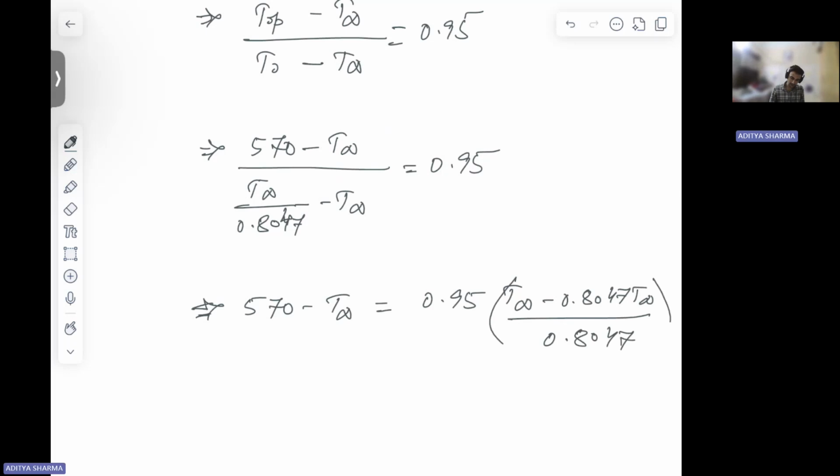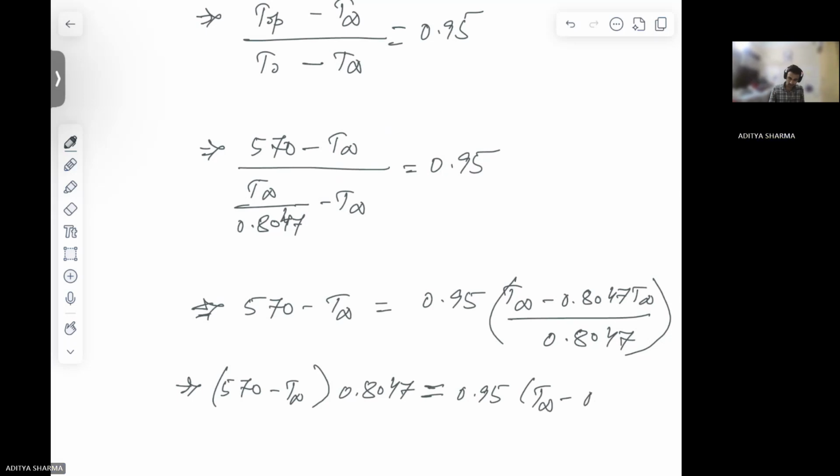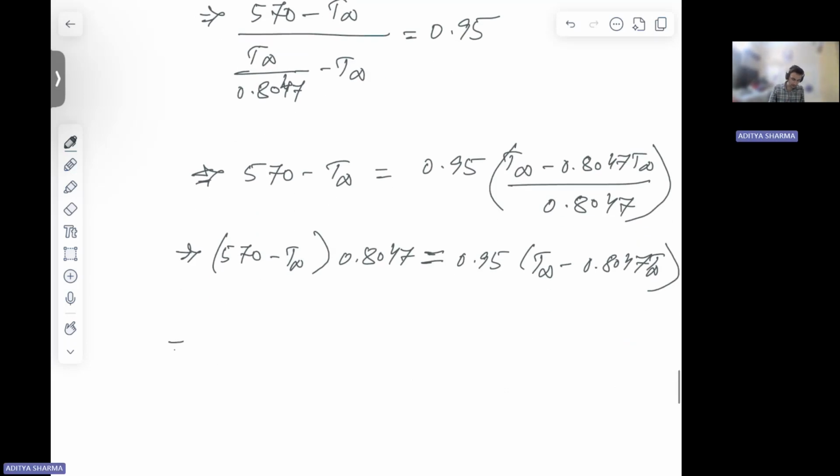Taking LCM and subtracting, we get 570 minus T infinity into 0.8047 is equal to 0.95 into T infinity minus 0.95 into 0.8047 T infinity. Now working this out.